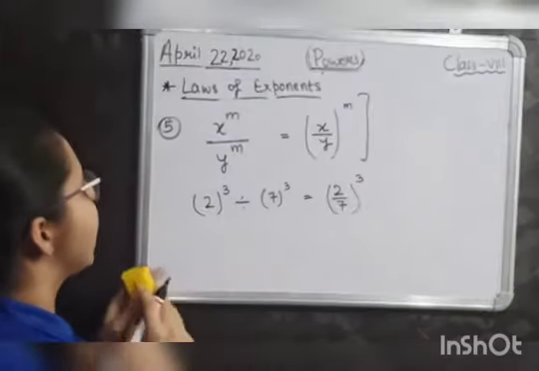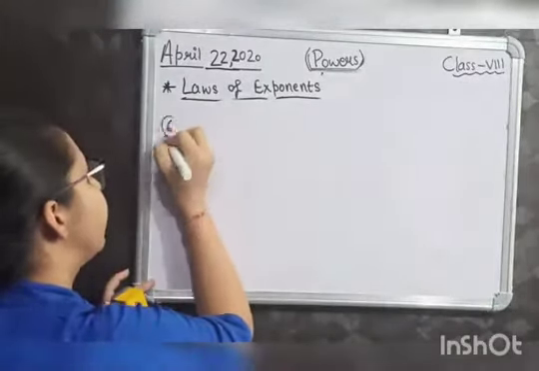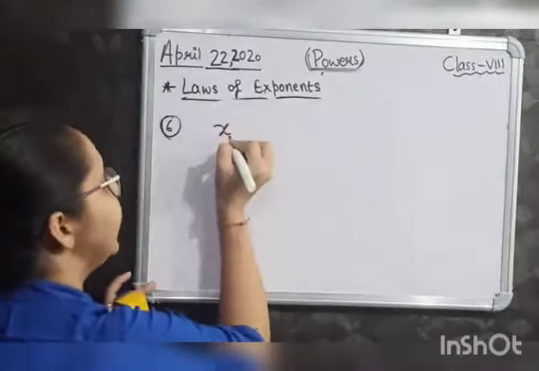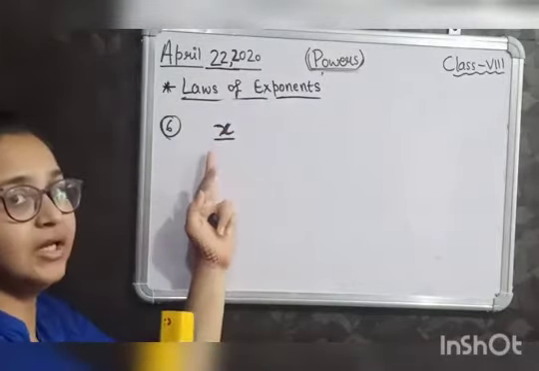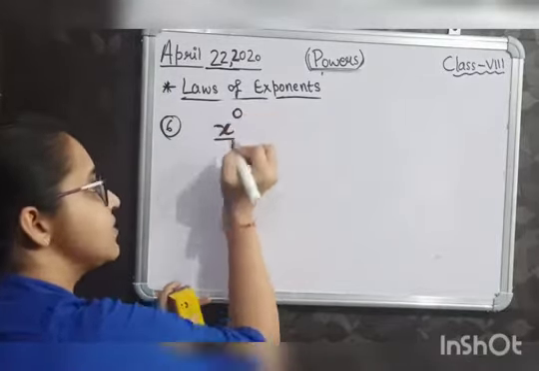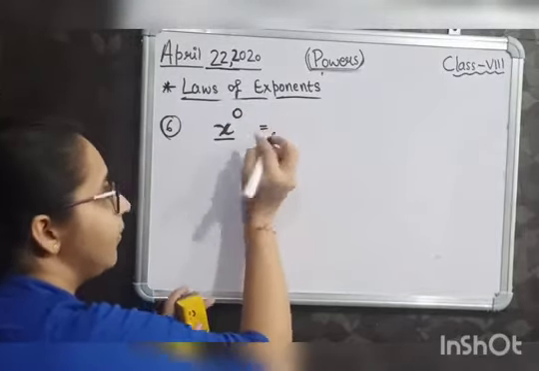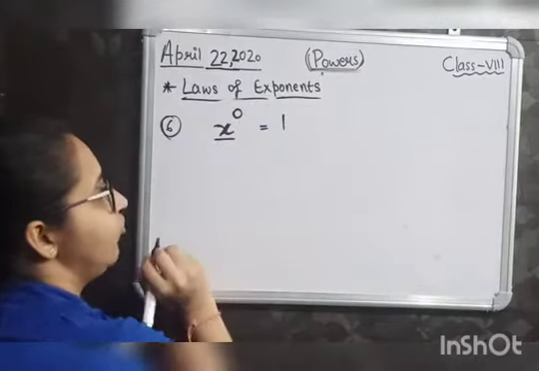Now the last rule is if you have any number x other than 0 and that is raised to the power 0, any number which has power 0 will give you 1.